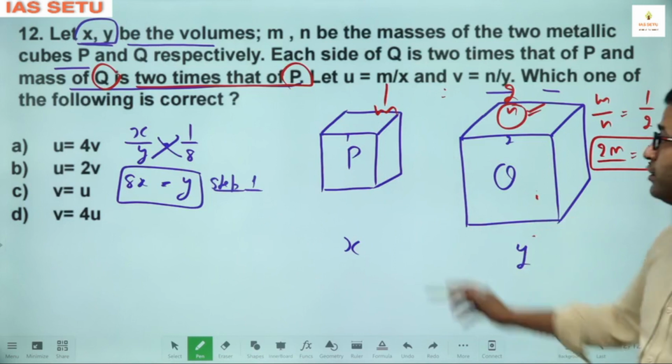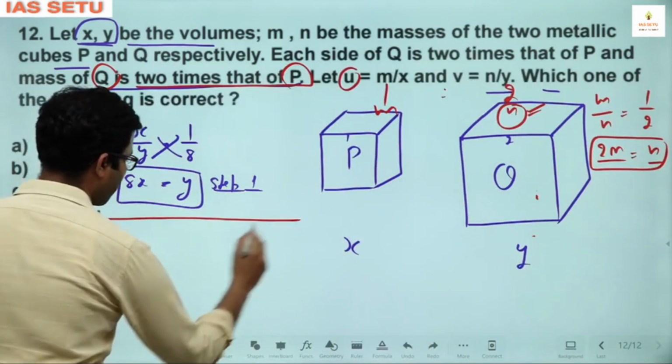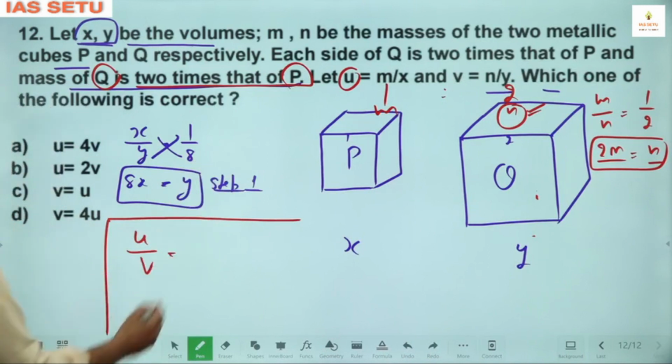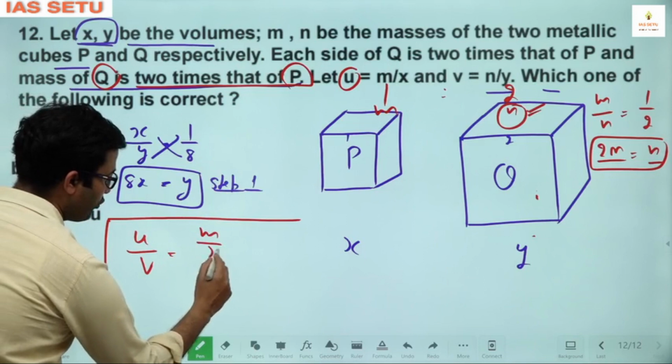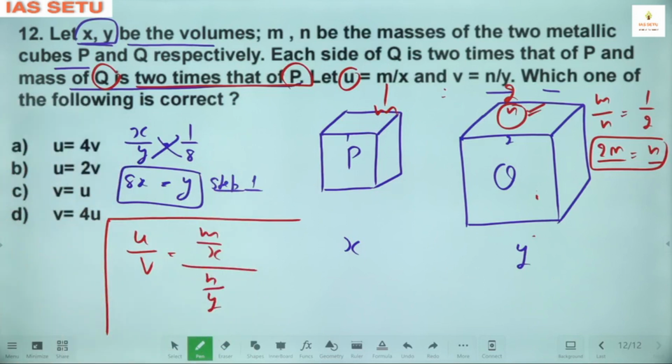Yes. Now u upon v will be m upon x and n upon y. u and v are given. I write u upon v so that I can have a relationship between u and v: m upon x, n upon y.